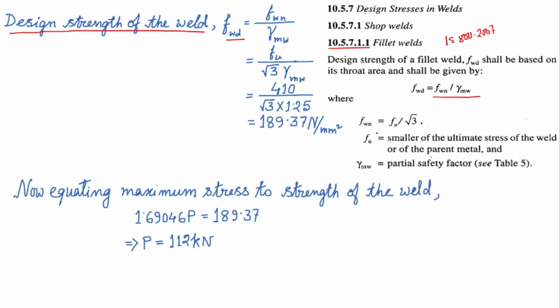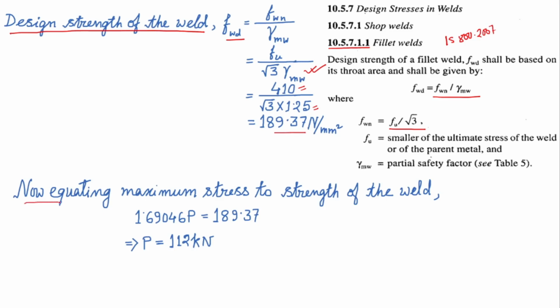Again FWN is replaced by FU by root over 3. So this is our final formula. If I put the values of FU, which is 410, and gamma MW, which is 1.25, I shall get the design strength of the weld as 189.37 Newton per mm square.